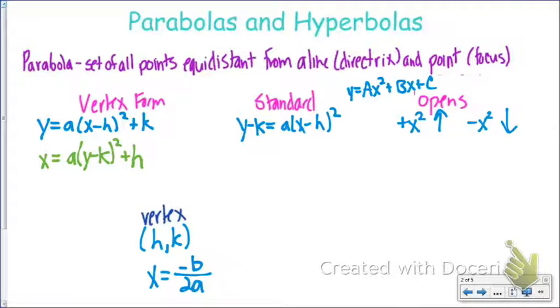Standard form would be x minus h equals a times (y minus k) squared. Again, this could be helpful because you're subtracting both the h and the k, so you don't have to remember which one's plus and which one's minus. It's always minus, so it's potentially a little bit easier to find your vertex in that form.